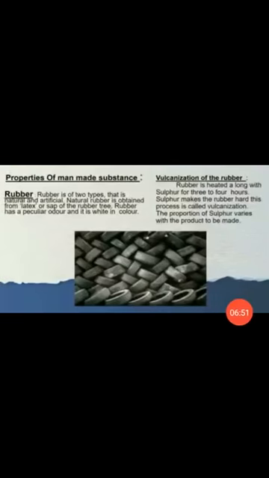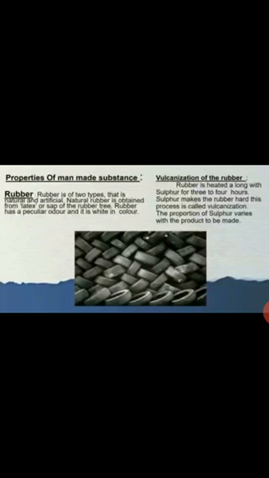Now, students, next is production of substances. Come to page number 45. The first point is rubber. As you can see, rubber is of two types, natural and artificial.